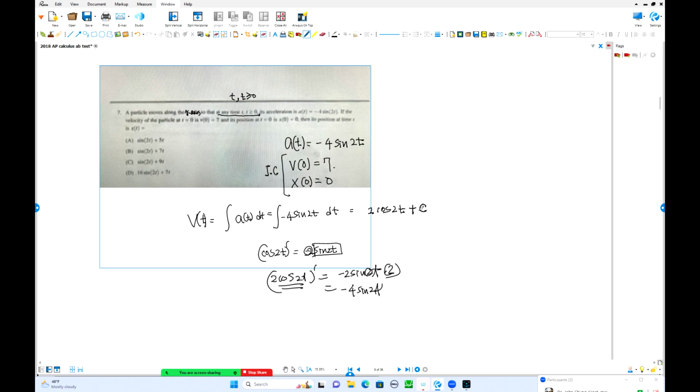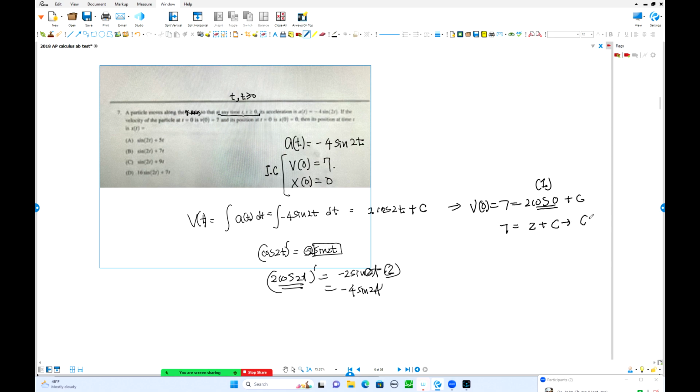Now using the initial conditions, when t equals 0, velocity is 7. So v0 equals 7. 7 equals 2 times cosine 0 plus c. Cosine 0 is 1, and 2 times 1 is 2. So 7 equals 2 plus c.